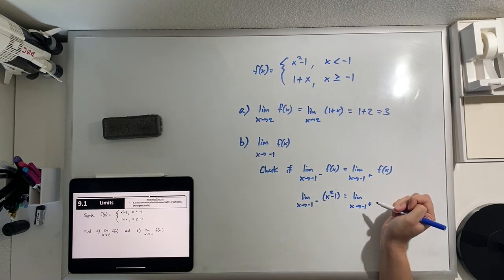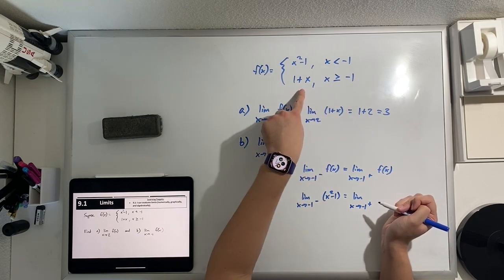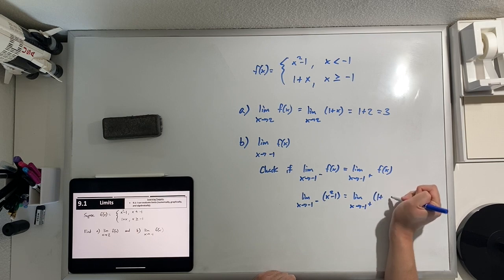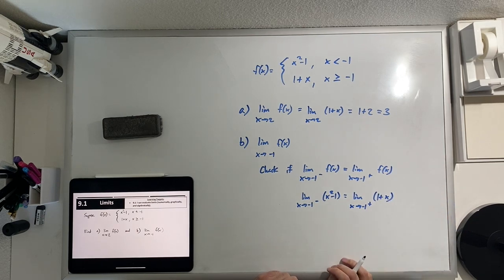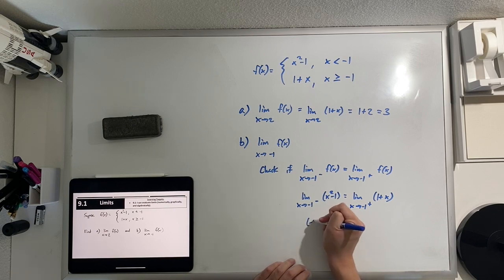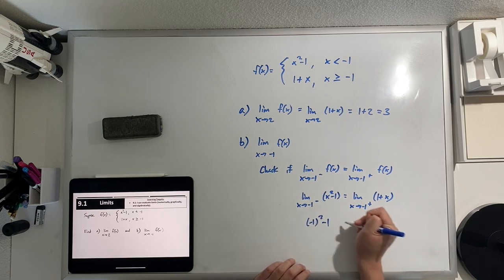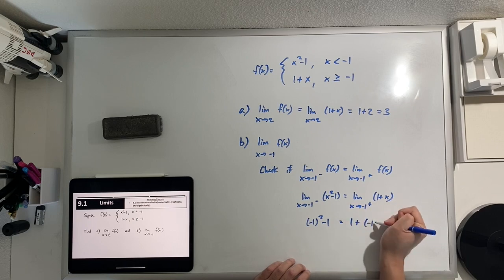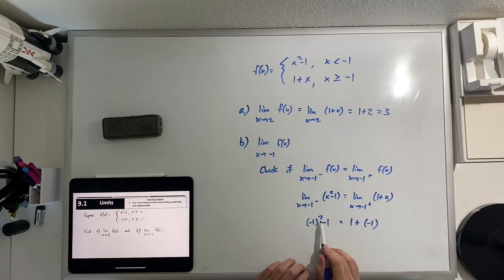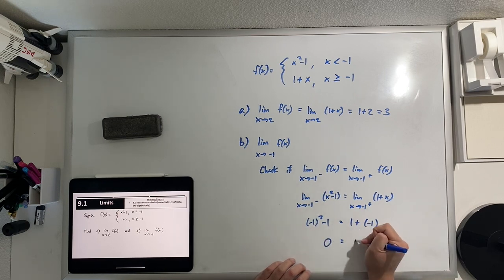And to the right of negative 1, we're dealing with x values greater than negative 1. So we're looking at the second piece of our function here. And now we use substitution. So we plug in negative 1. Negative 1 squared minus 1. Does that equal, plug in negative 1, 1 plus negative 1. Negative 1 squared is positive 1, minus 1 is 0. 1 plus negative 1 is 0.